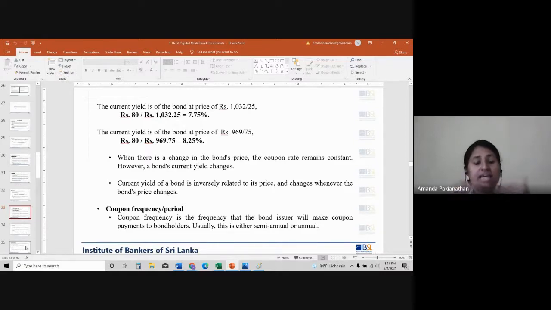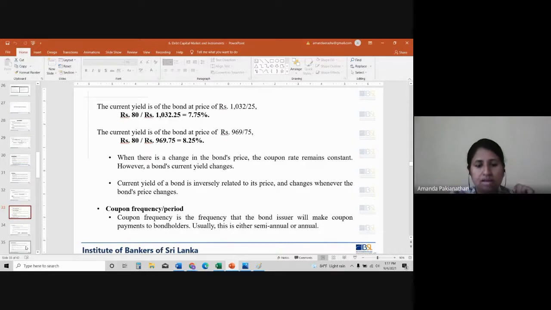If coupon is paid out semi-annually, frequency is 2. Coupon period will become twice a year. So in a year, you will have 2 coupon periods. If coupon is paid out annually, frequency is 1 and your coupon period in a year will be 1.